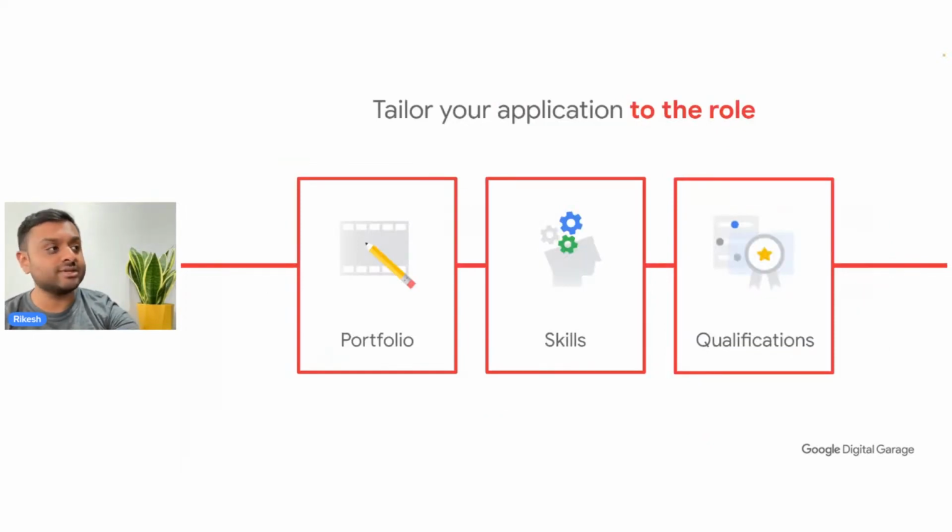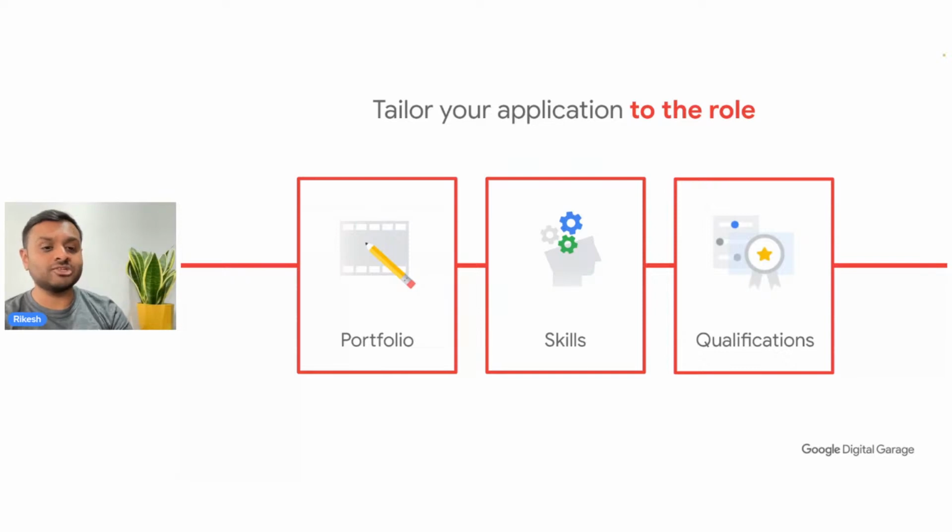But before we do that, just to reiterate what we've spoken about throughout the course of this session already, make sure that we tailor each application. And when I say application, job application, I mean both CV and cover letter document, tailor them specifically to that job description, to that job vacancy as well. Now, some roles might require you to showcase a portfolio of your work in terms of work that you've previously done.